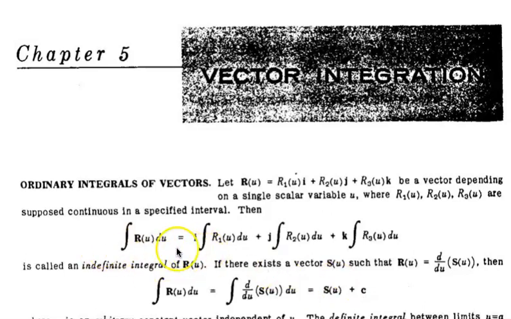So if you have this function, you can then talk about the formal integration of some vector R of u. du is the integrating variable, and you're going to get a vector function, S of u, plus the constant of integration.